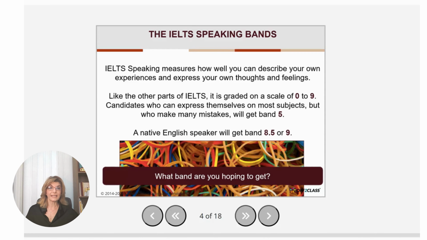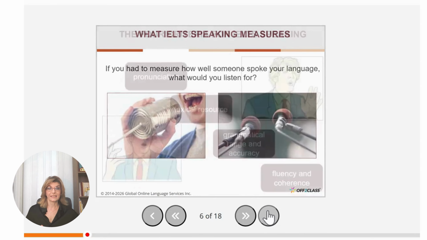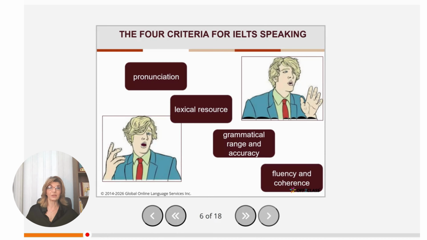So let's take a look at what IELTS speaking measures. So here are the 4 criteria. We have pronunciation, lexical resource, grammatical range and accuracy, fluency, and coherence. And we're going to take a look at the 4 criteria individually.